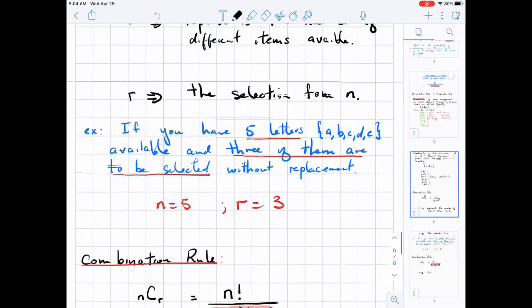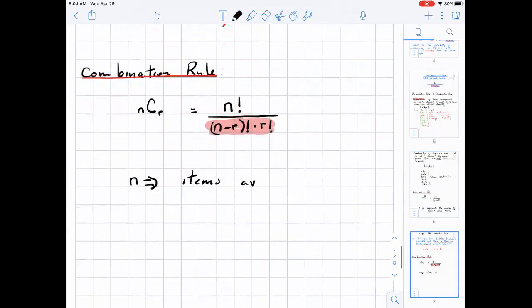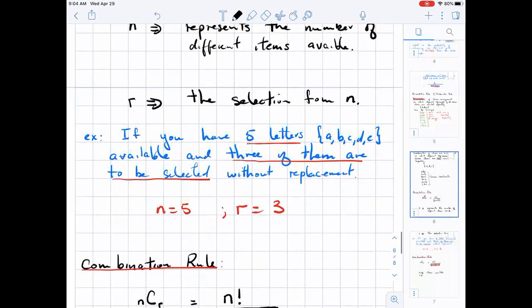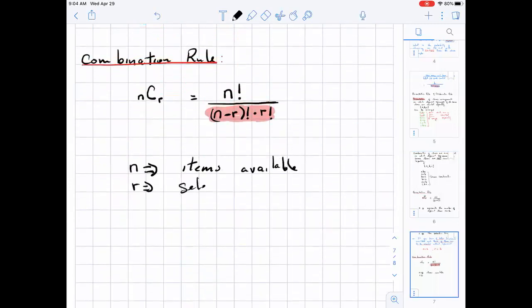And R, as we said from here too, is the selection from N. So these two formulas are on the formula sheet given, or they're easy to look up online, so you can always look them up and see what they are, or you can learn them.